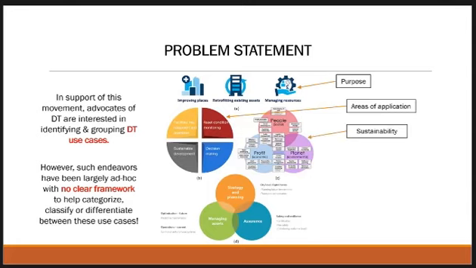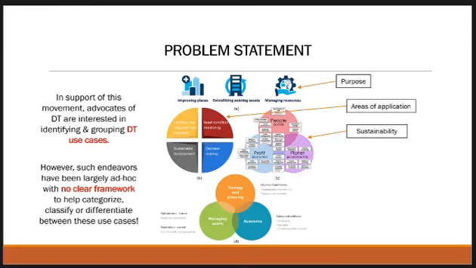We have another framework here in figure C, which shows three overlapping circles representing the three pillars of sustainability: social, economic, and environmental. Based on this kind of sustainability-driven framework, you can then start mapping the different digital twin use cases to identify to which dimension of sustainability a digital twin use case corresponds or is relevant.